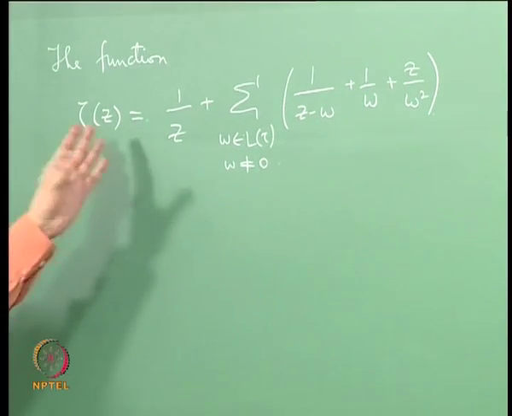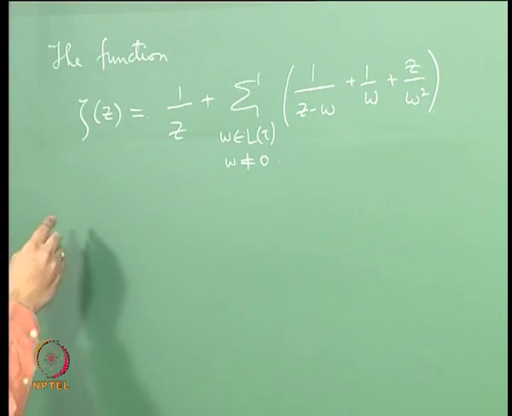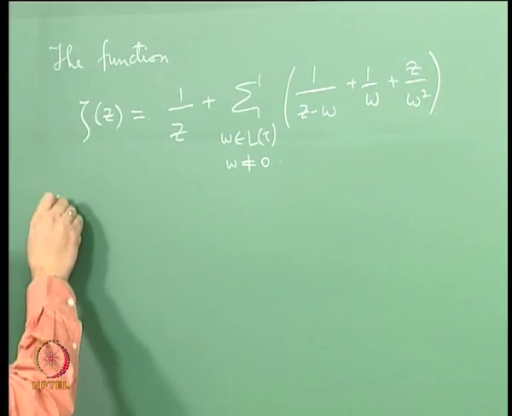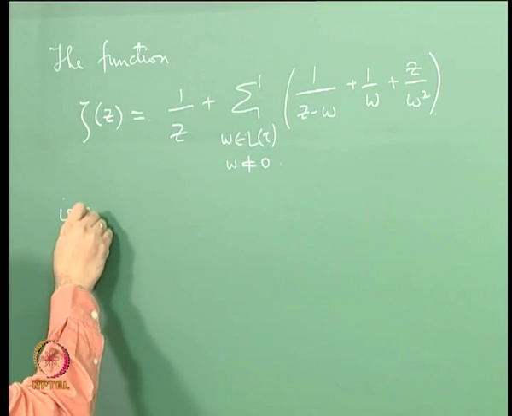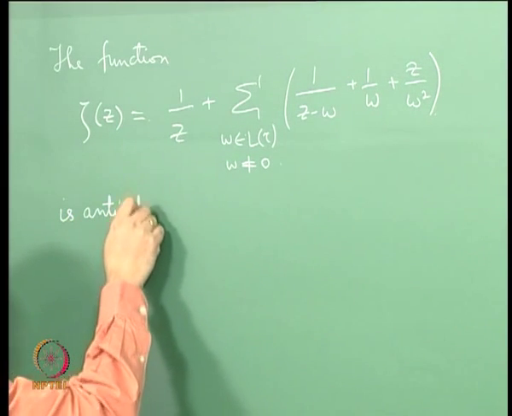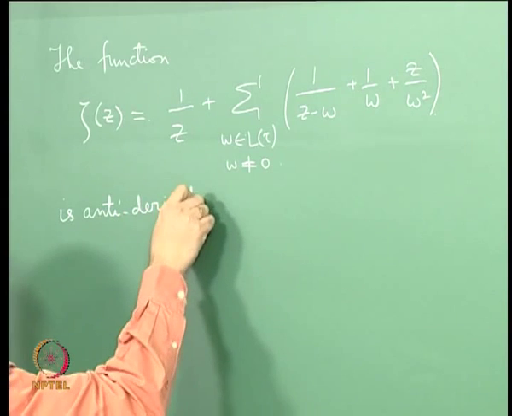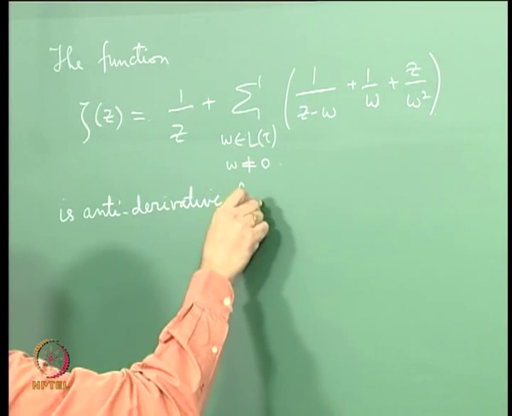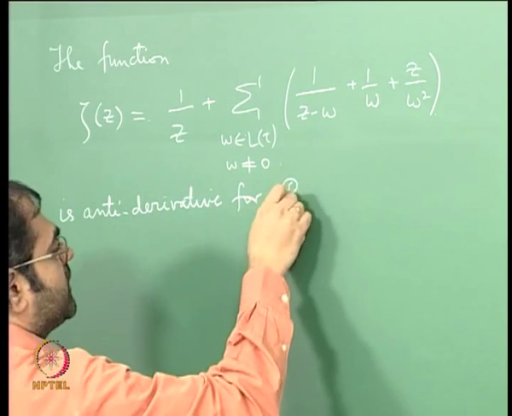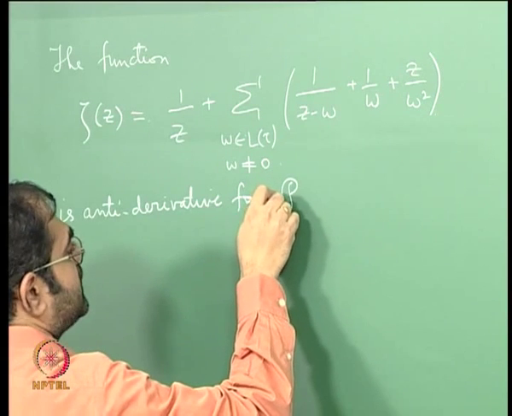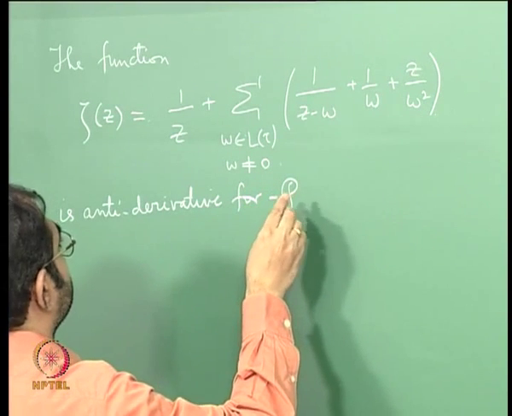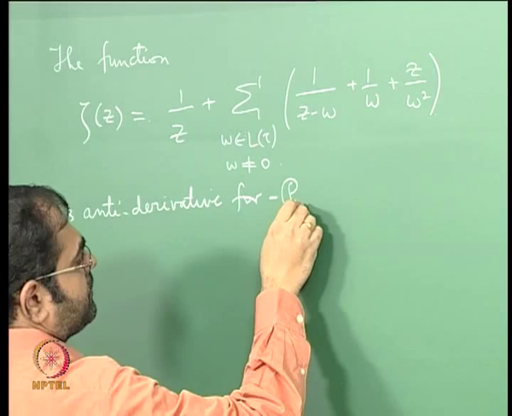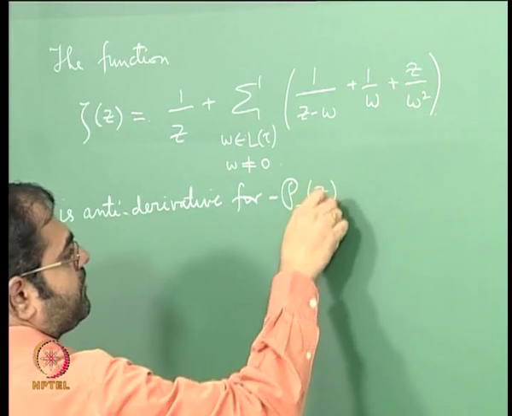I look at this function, and the claim is that this function is an antiderivative for the phi function, in fact for minus p tau of z.